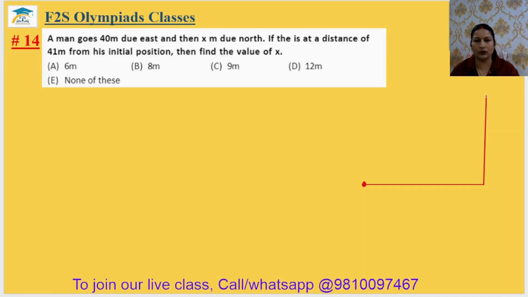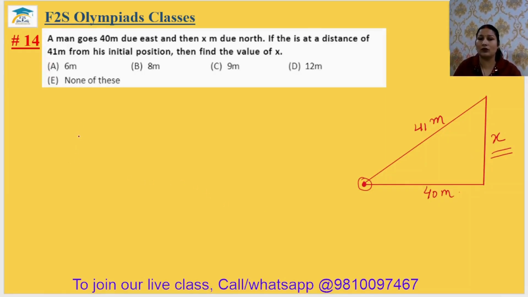If he is at a distance of 41 meter from the initial position, the initial position is this one, from here he is at 41 meter. So find the value of X. And this is already given, 40 meter. We have to find this value X.